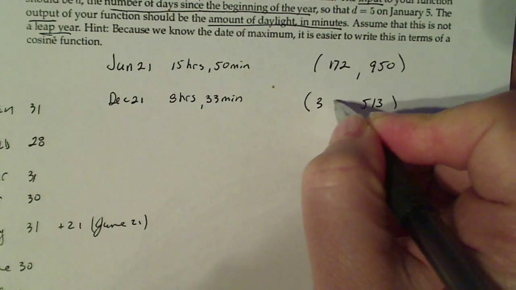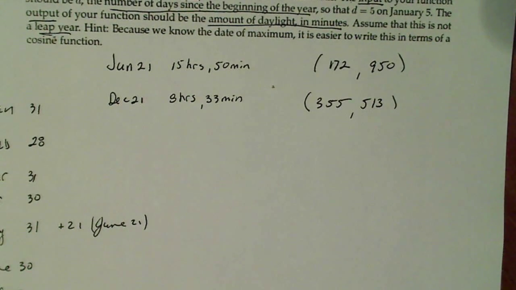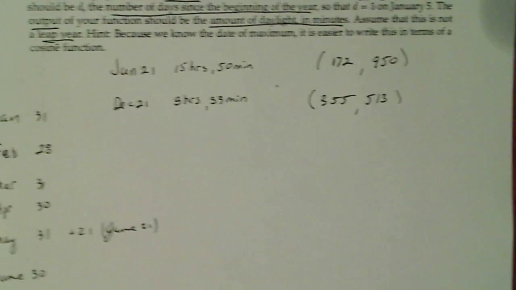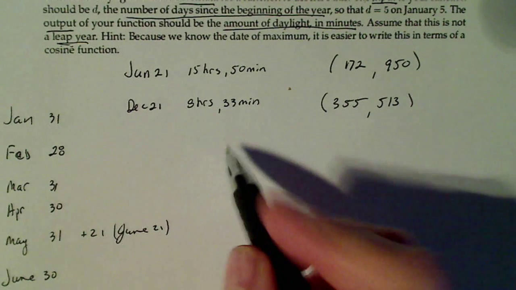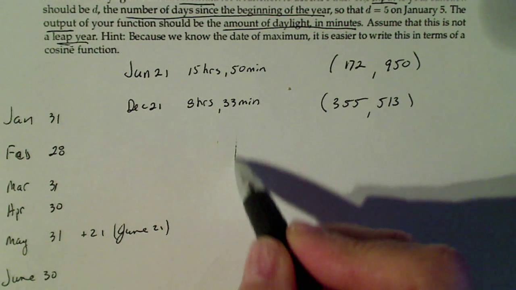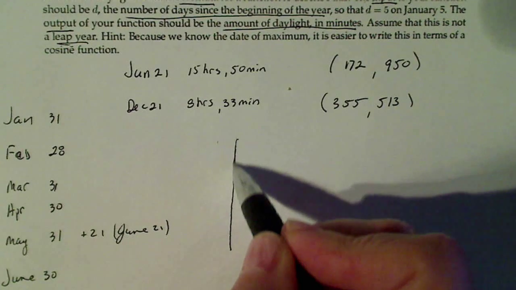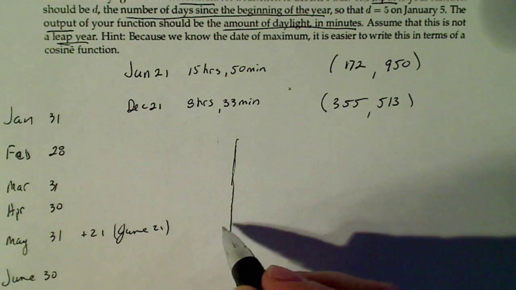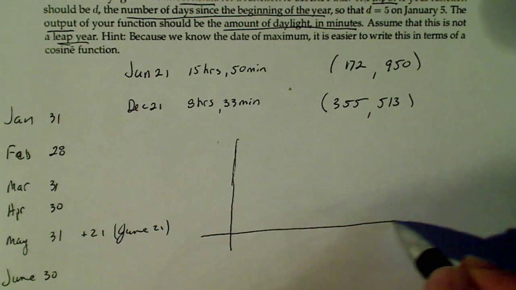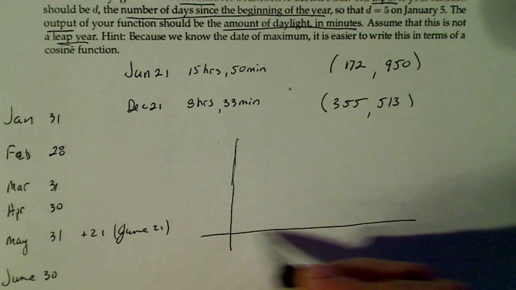So I have two ordered pairs, and I'm going to plot them on the graph, find all the transformations and come up with a graph. That's January 1st right here, and these are the days since January 1st. I'm not going to do a bunch of little tick marks.